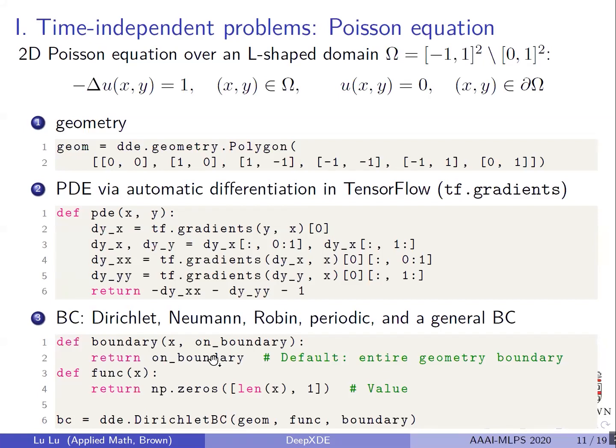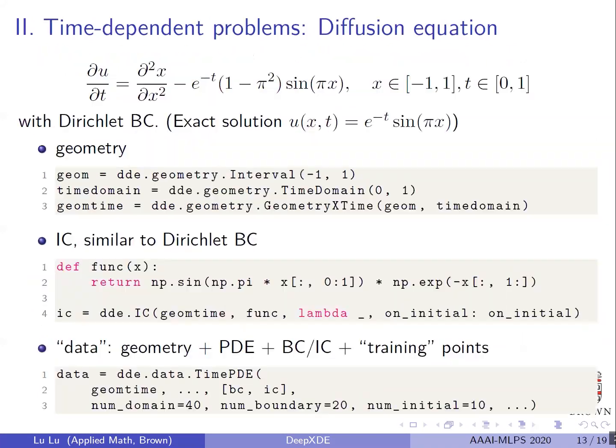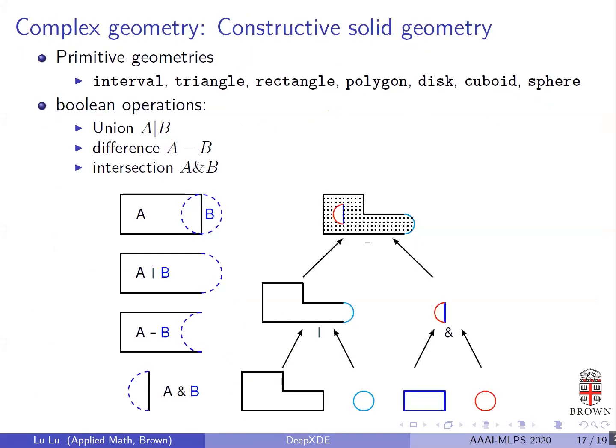By default, all the physical boundary conditions are in the boundary condition. So the user can save time by selecting all the points on the boundary, especially for this type of complicated geometry. So, quick question here.